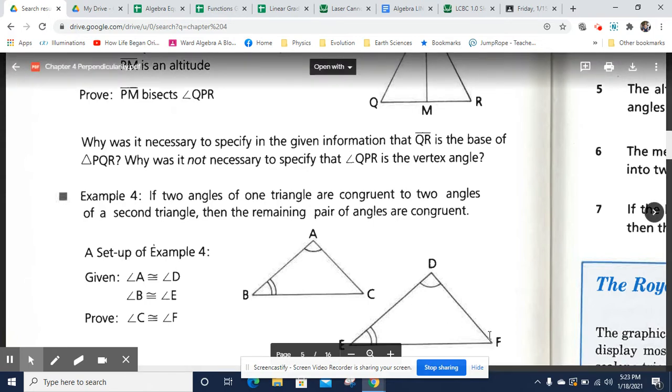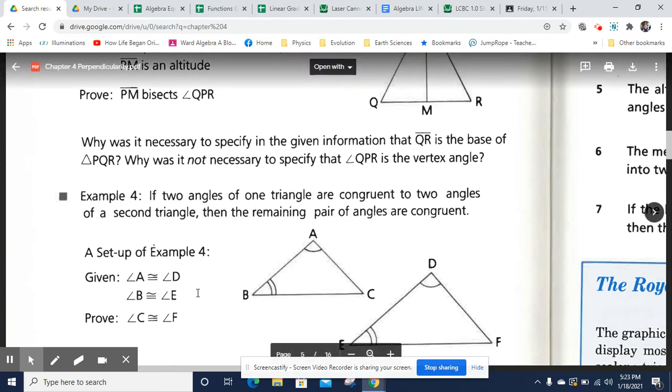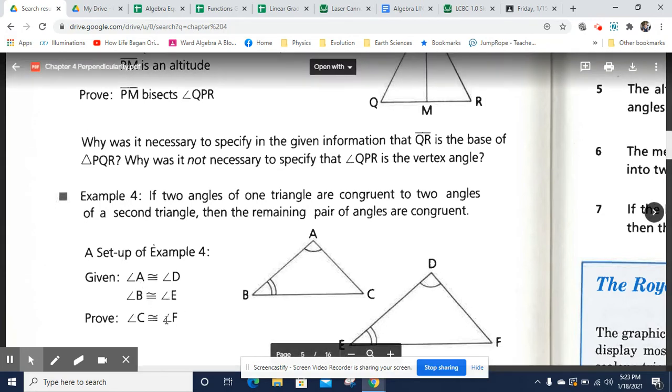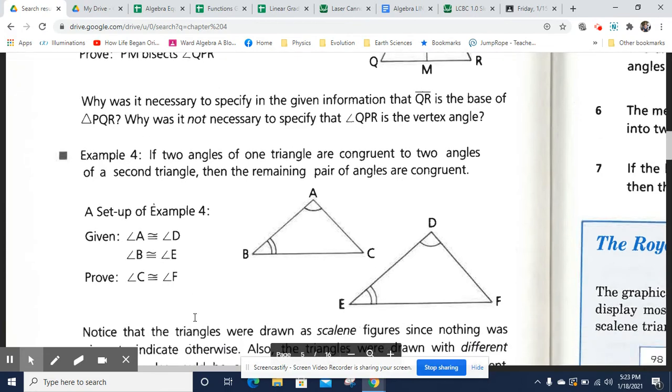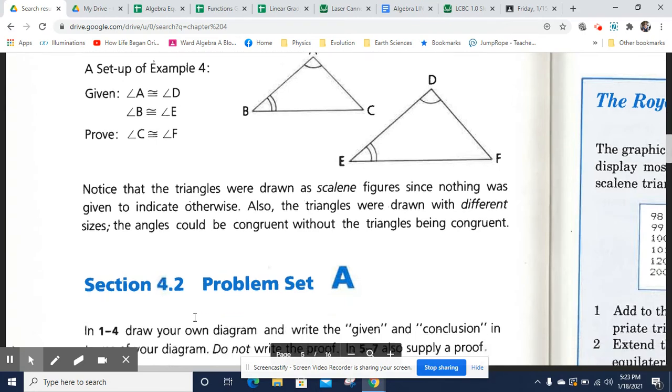So by no choice, this remaining angle will have to be congruent. So you can prove that. But here you would just simply draw two triangles, and you would declare a couple of pairs of angles congruent, and then you would be able to establish the third one was. And that is the no-choice theorem, which you'll learn about a little bit later.